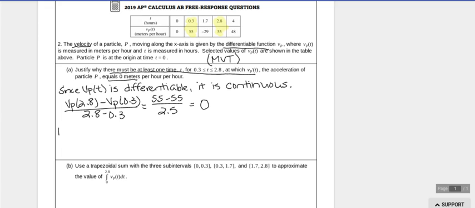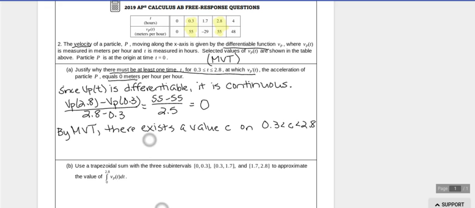So we're going to say then, by MVT, by the mean value theorem, there exists a c on the interval from 0.3 to 2.8 such that V prime of c, oops, not t, equals 0.